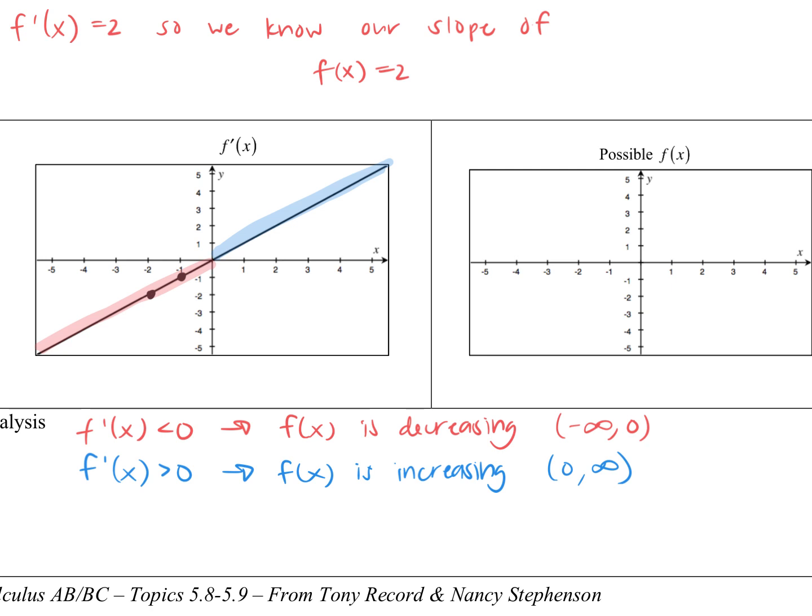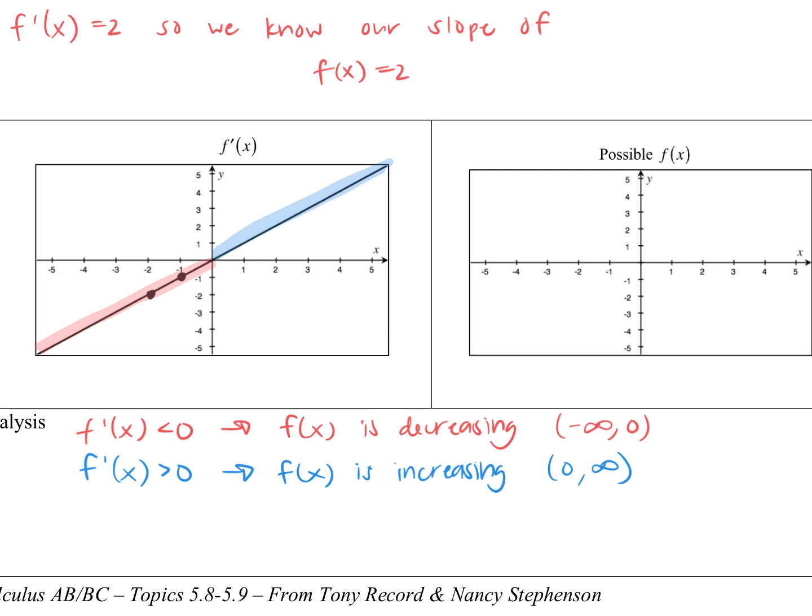But the other thing that we need to think about is, could I take the derivative of this function again? Yeah, what's the derivative of this line? It's going to be one number, right? I don't know, it's like up 1 over 1 it looks like. So yeah, the derivative of this is 1, right? So the second derivative tells us if it's going to be concave up or concave down, specifically if it's positive or negative, okay?